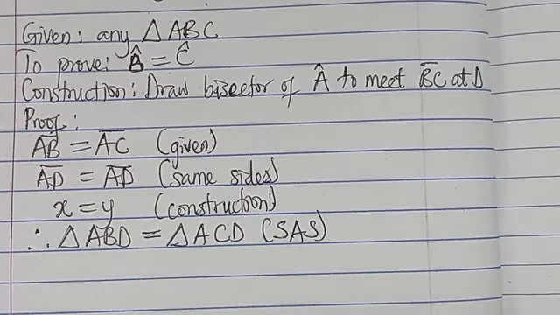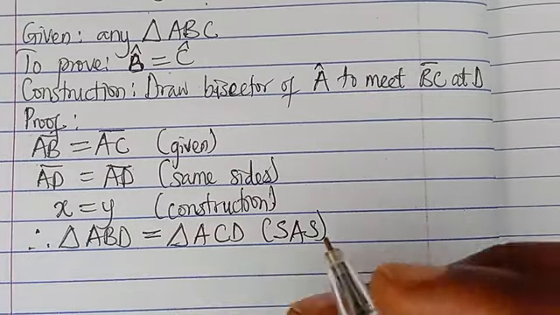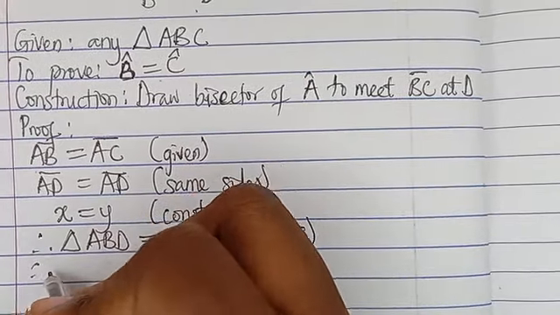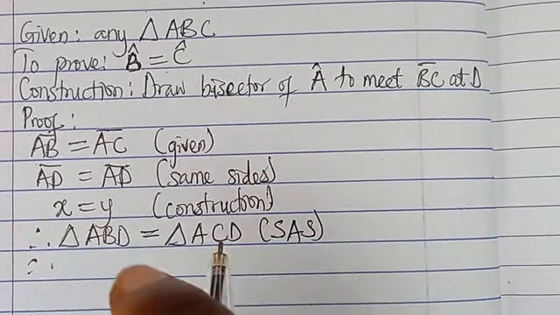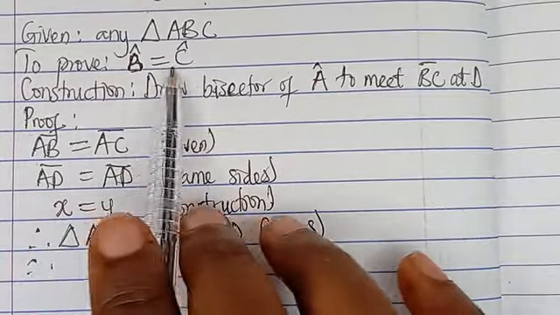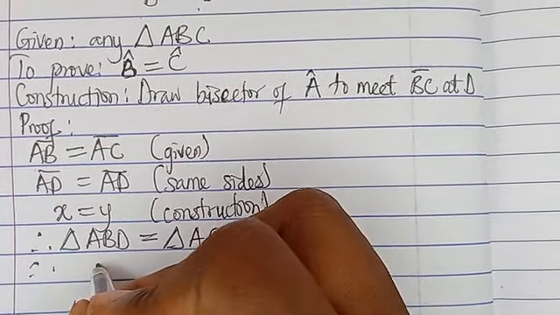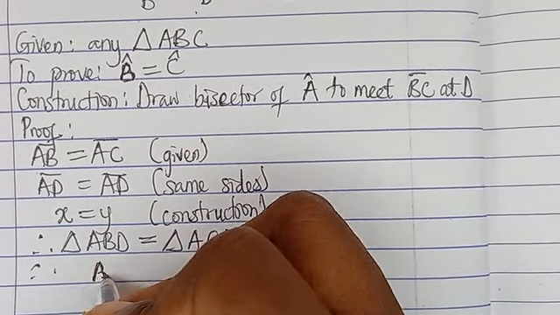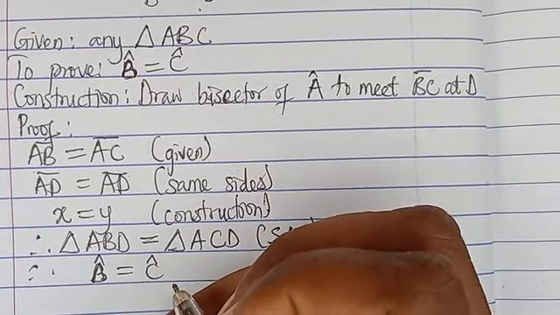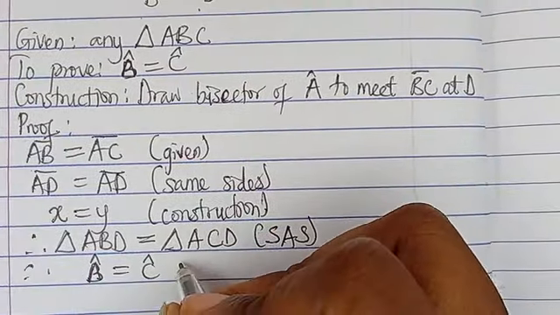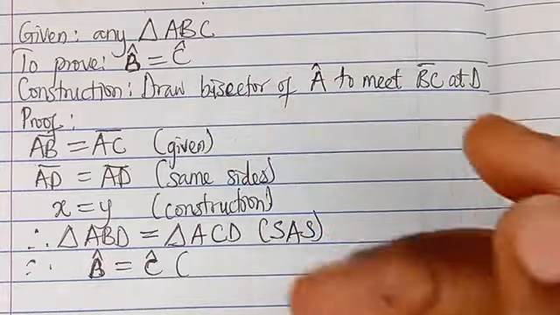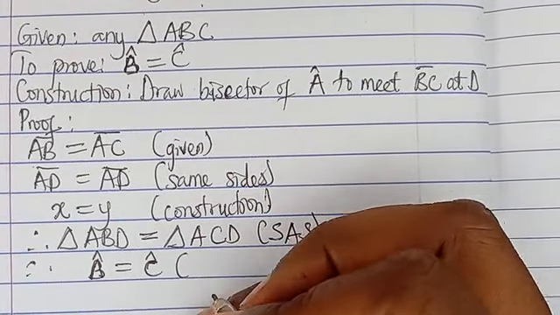They are equivalent triangles. But remember that in every proof we do, the final line of the proof is the thing we set out to prove. Therefore, angle B is equal to angle C, because they are corresponding angles in the two triangles.